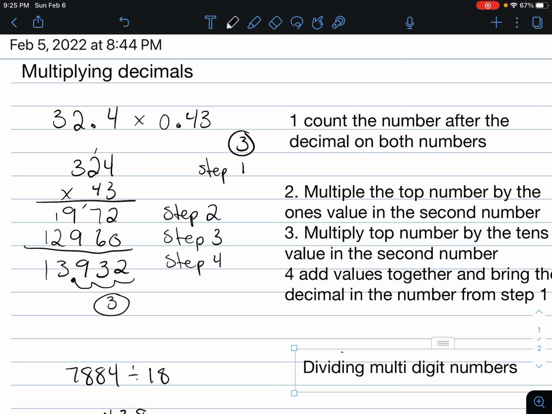So we add them all together, you get 13,932. We're going to bring that decimal in 3, because this 3 is the value from step 1. Okay, so then the outcome is 13.932.